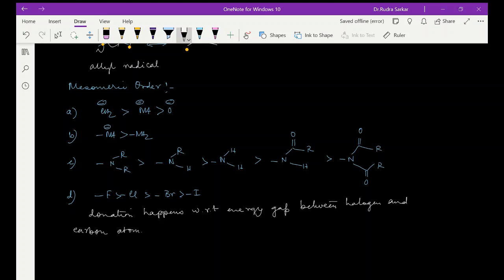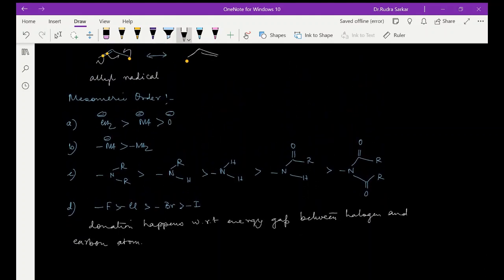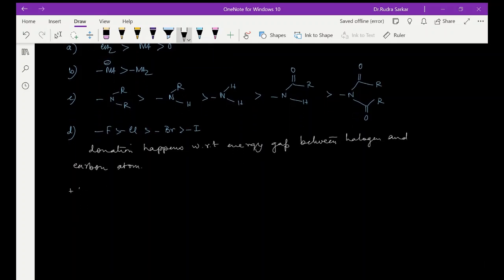So that's why fluorine will be a better donor than that of chlorine in terms of mesomeric effect. So this was the minus M effect order. What about the plus M effect order?